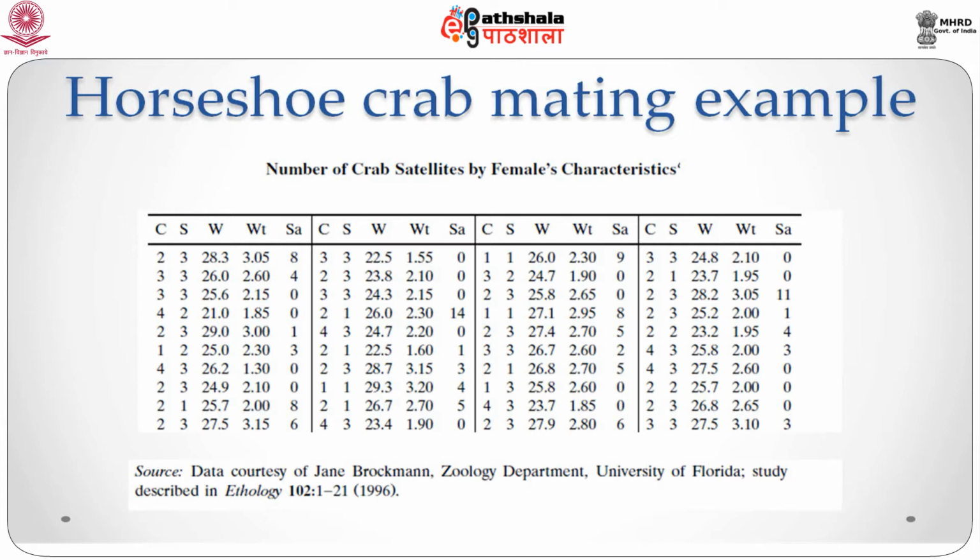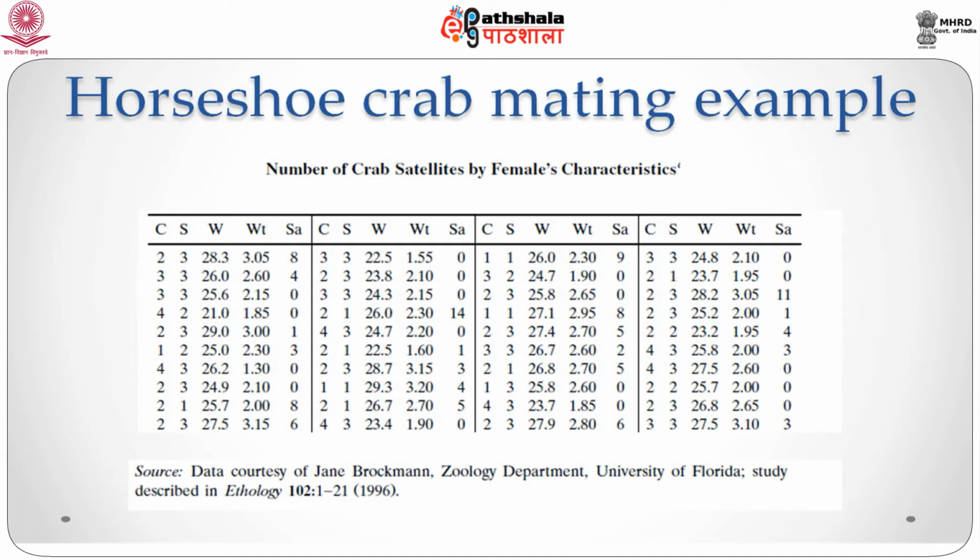to include additional covariates. So this is a snapshot of the complete data set. The columns give the various covariates. So C, for example, stands for color, coded as light medium, medium, dark medium, or dark. S is the spine condition, where 1 denotes both good, 2 denotes one worn or broken, 3 denotes both worn or broken.